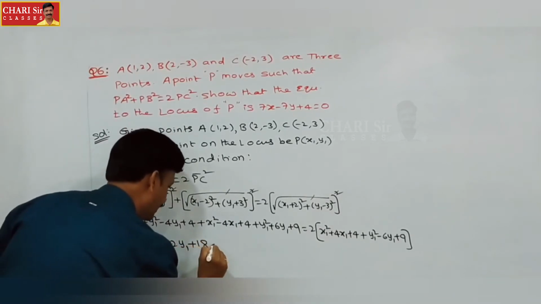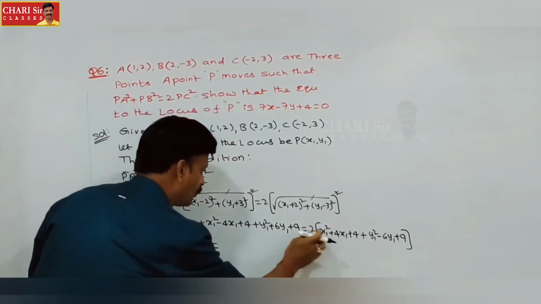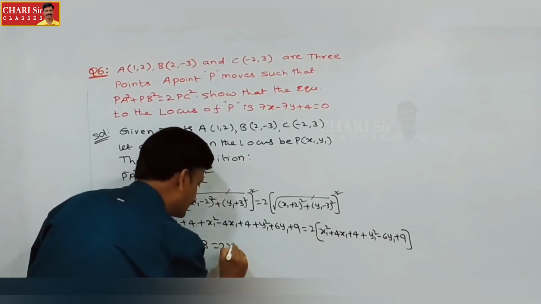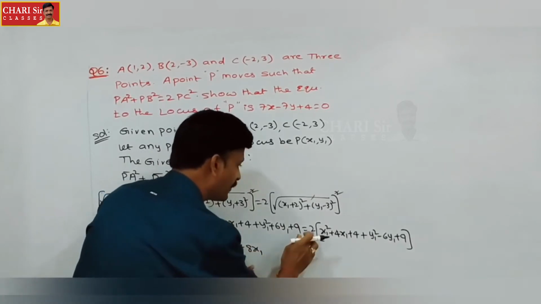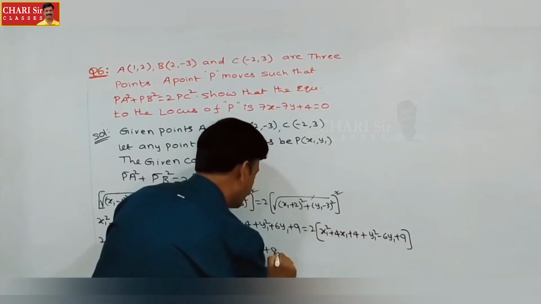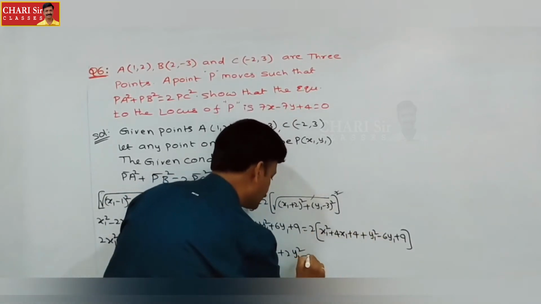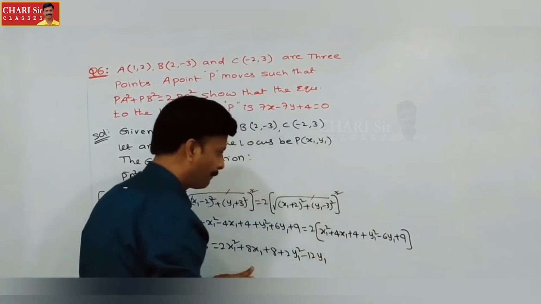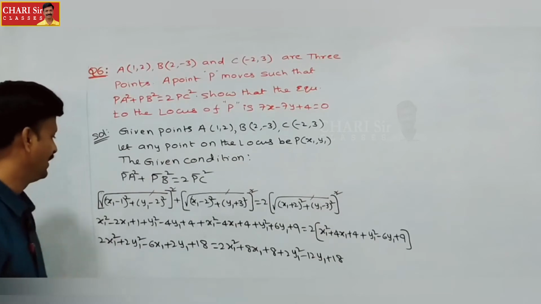Let's write down 18 is equal to, with 2 we multiply everything from there. So 2 into x square is 2x1 square, 2 into 4 is 8x1, 2 into 4 is 8, 2 into y1 square is 2y1 square, and 2 into minus 6y1, that is minus 12y1, and 2 into 9, which is 18. That's it.